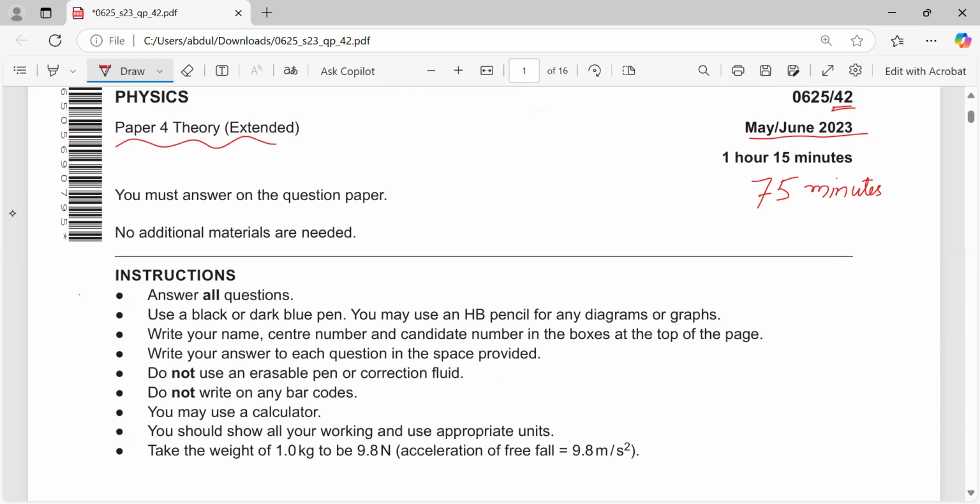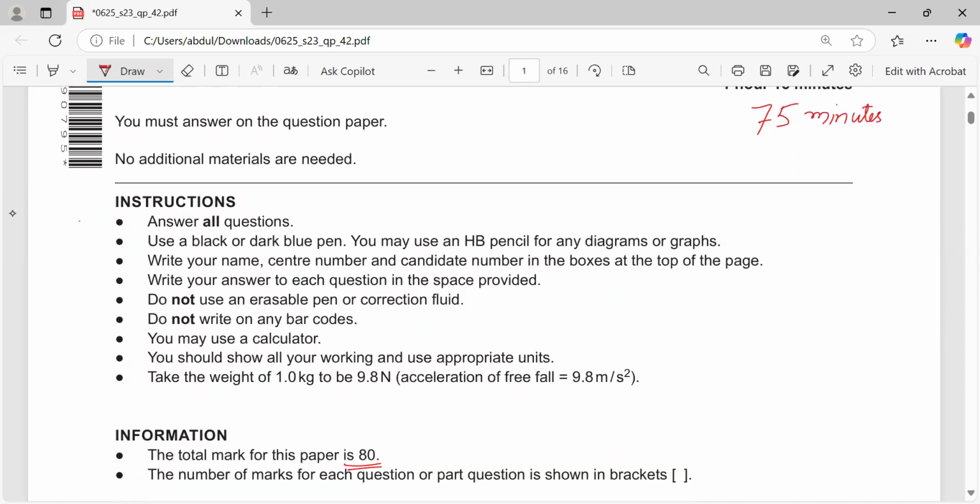So the thing which is very important to be considered is that it is less than one minute per mark. Another thing I will keep repeating: the value of g, no more 10, we will be using acceleration due to gravity g equal to 9.8 meters per second square.